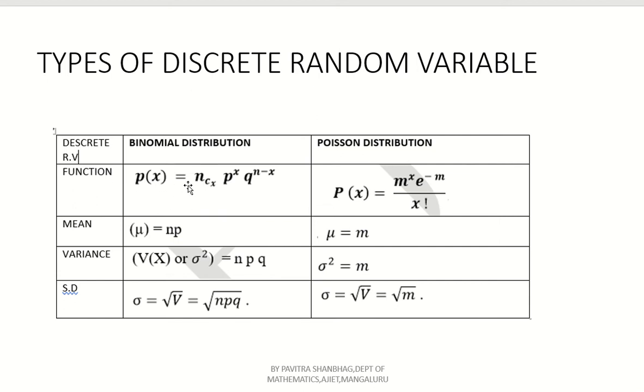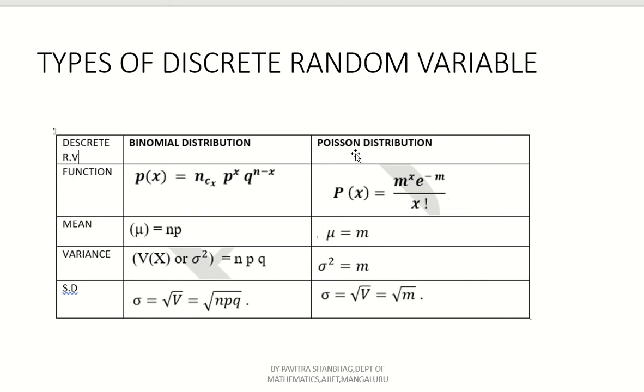That is P of x equal to nCx p power x q power n minus x. Let us discuss this expression later. First you need to remember the chart. Probability function for binomial distribution is nCx p power x q power n minus x.